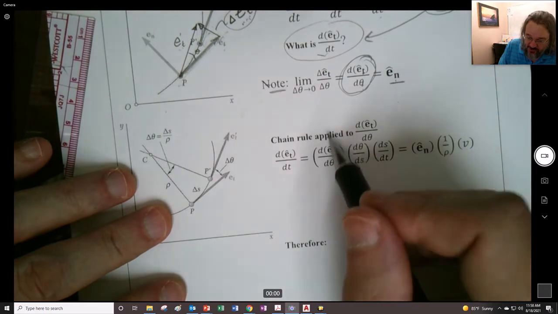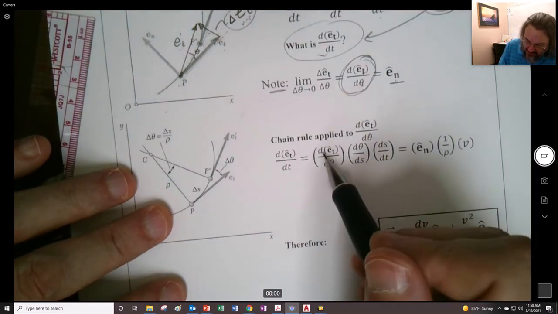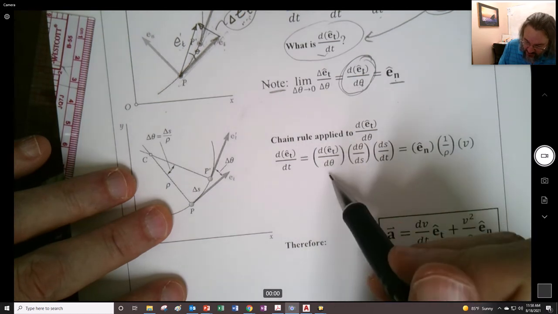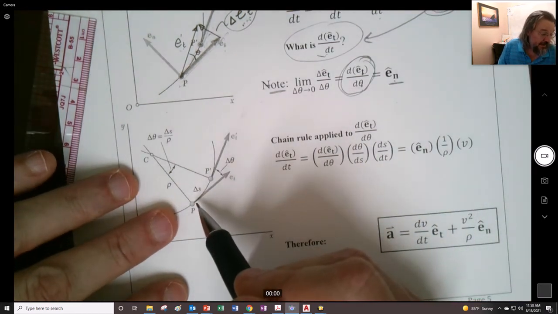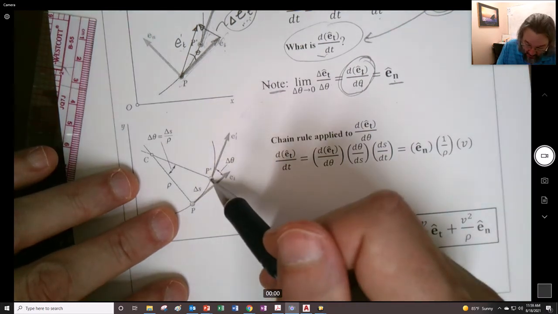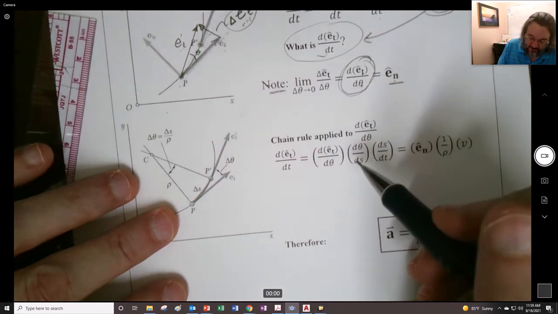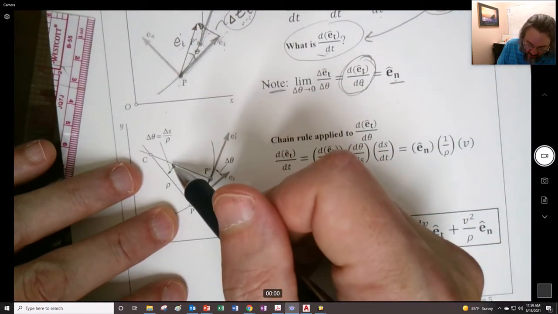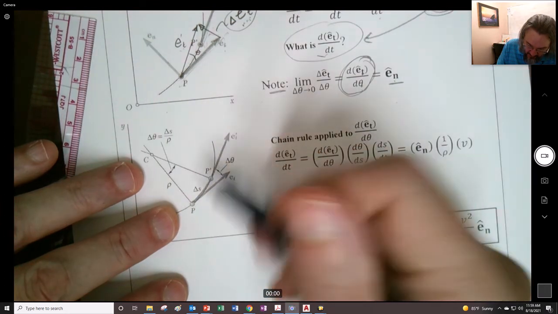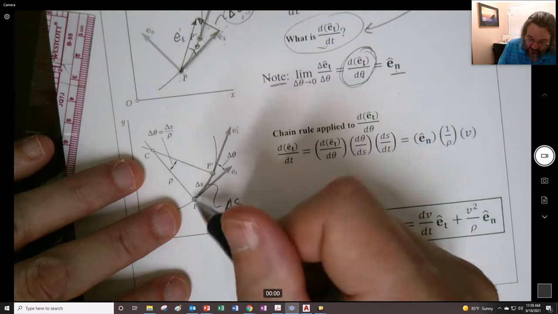Well, now we use the chain rule and apply that here. One thing that's going to help us in that chain rule is figuring out this arc length right here. So let me back up a second. Let's say what this arc length delta S is going to be between the two points.